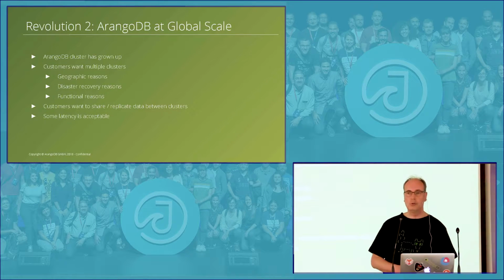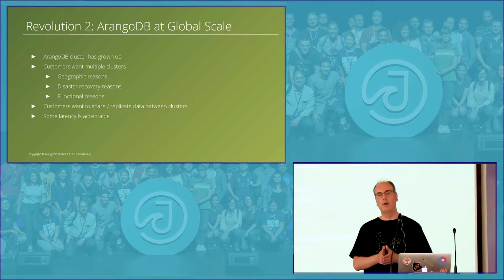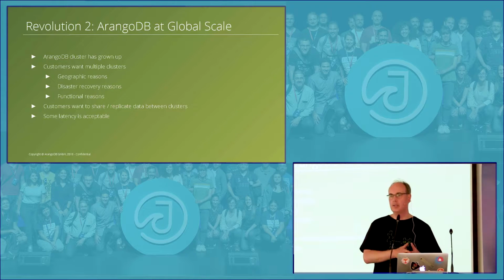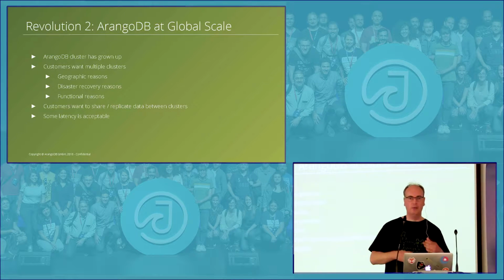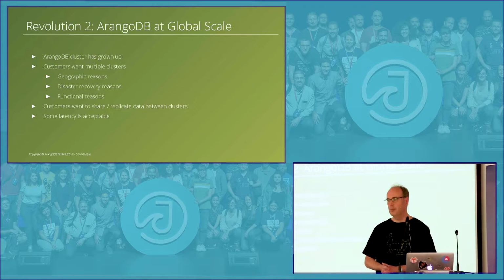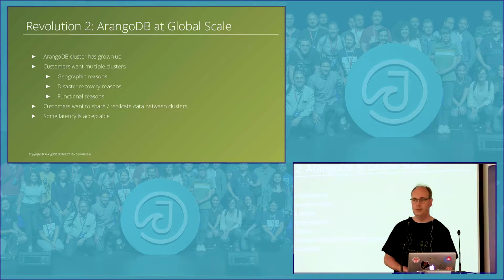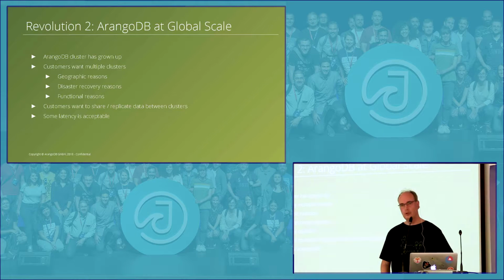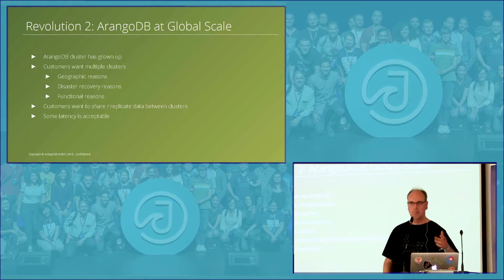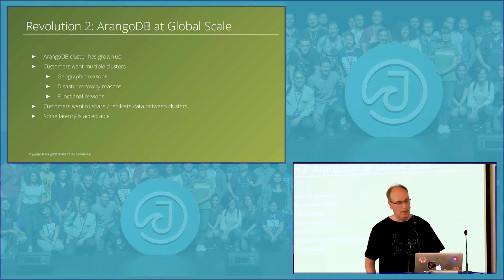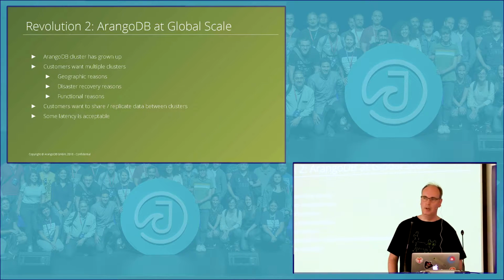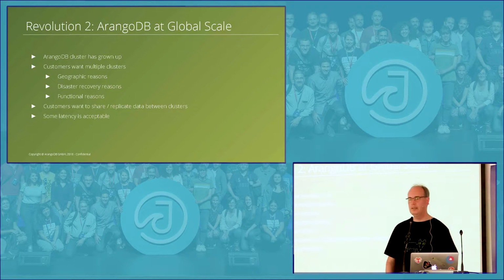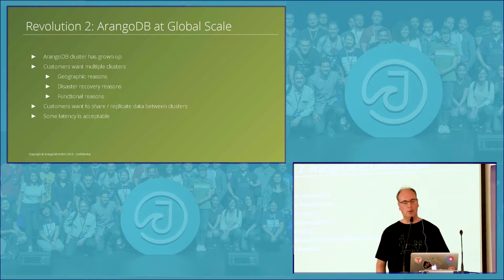First of all, it was the realization: okay, apparently our ArangoDB cluster offering has grown up. Of course, every time you start with something as complex as a distributed system, which a cluster is, initially you have some challenges. Let's call them bugs, but you can call them challenges. And over the last couple of years, we really kicked out most of them.